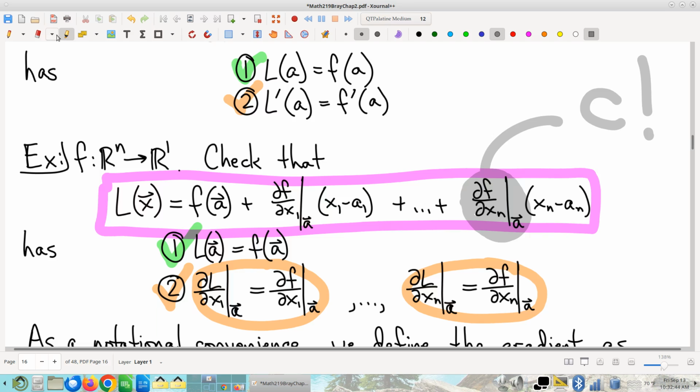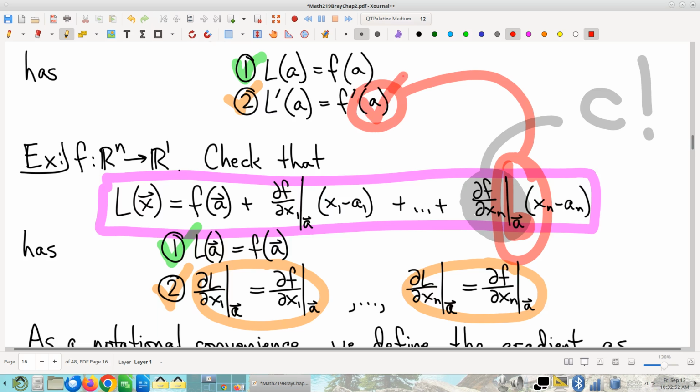This notation is kind of an alternative to parentheses as a way of indicating you're plugging a point into a function. So that, in fact, is a constant. Yes. So all the partials that are in this expression here are being evaluated at A, and therefore are treated as constants.